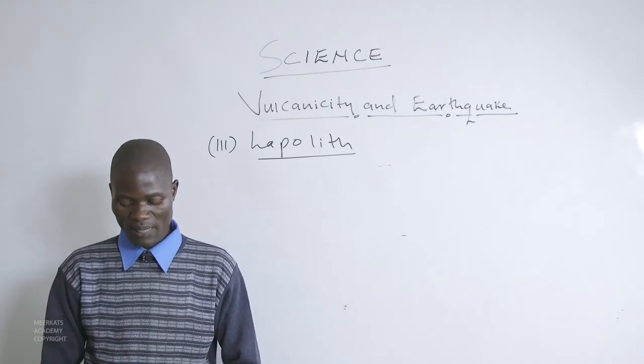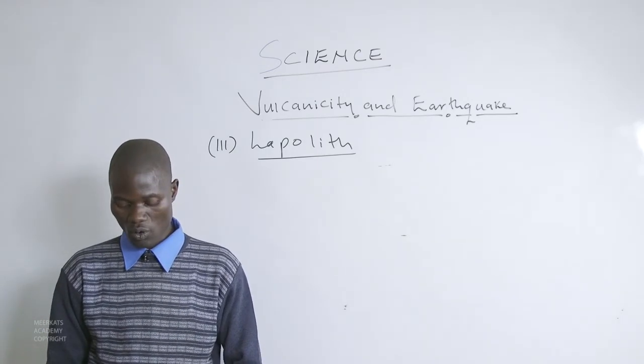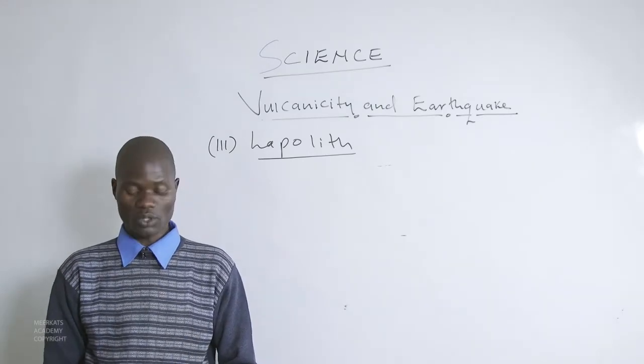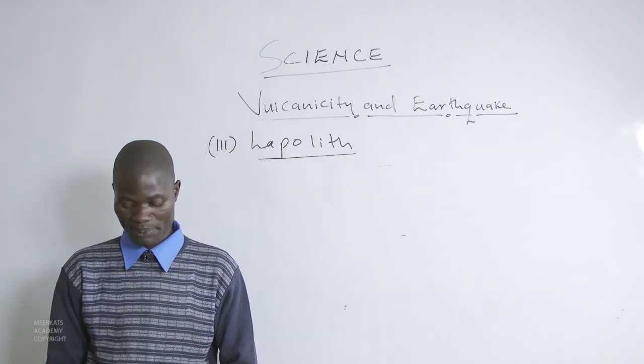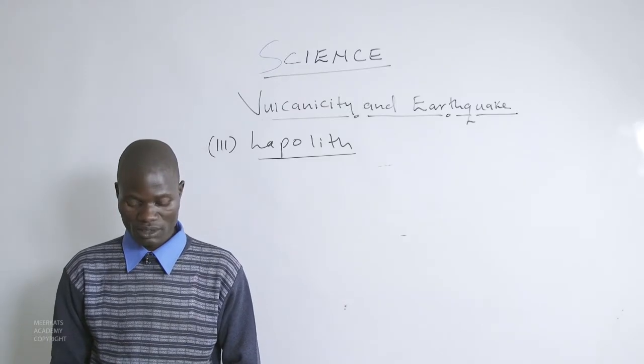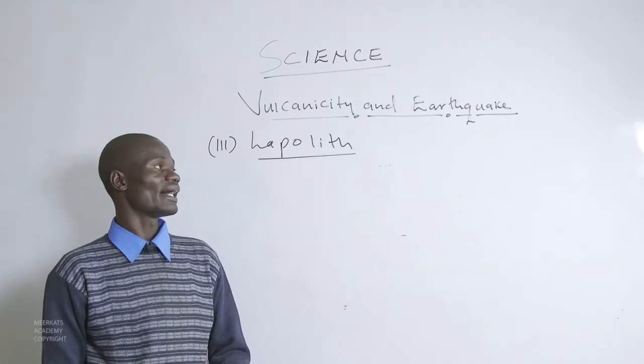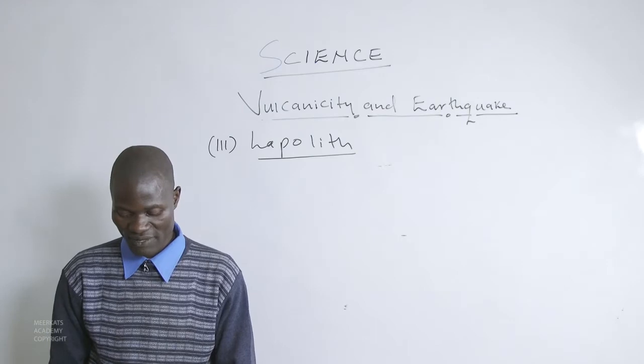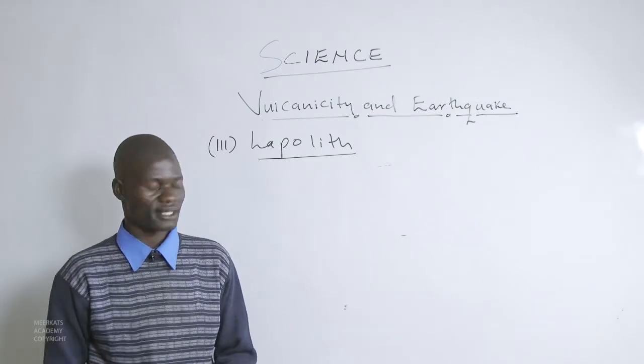And this one will lead to the formation of a saucer-shaped or concave-shaped intrusion that is referred to as a Lopolith.